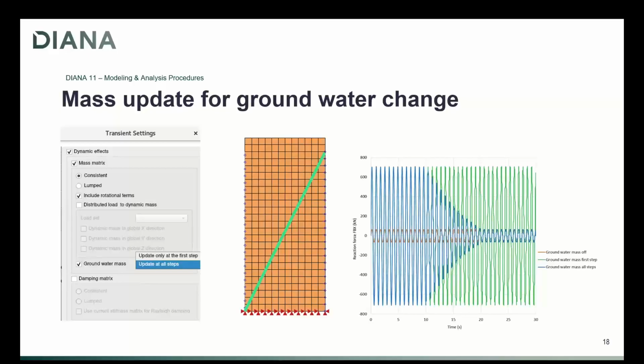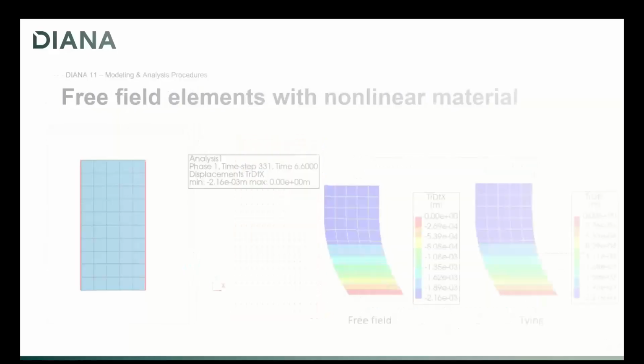You can see from the results that the orange and green lines show the models without water mass and with mass only calculated once at the beginning. But considering that in this case the water level change is significant, the blue line represents the most accurate result, where it starts similar to the model with water and then gradually converges to the dry model results. Can you go to the next slide, please?